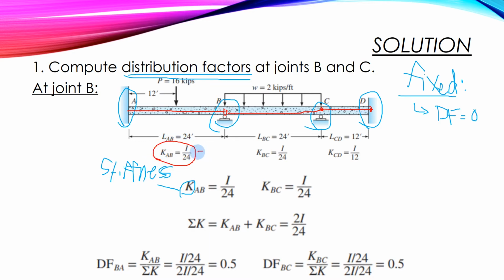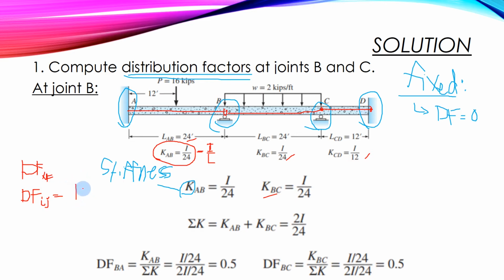The formula for stiffness, guys, is I over L. So I over L: I over 24 for BC with length 24 feet, and I over 12 for CD. Then once we have the stiffness, we use the formula for DF. We use the near or far procedure, same as in slope deflection method.